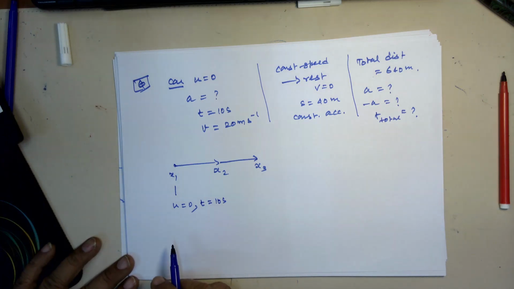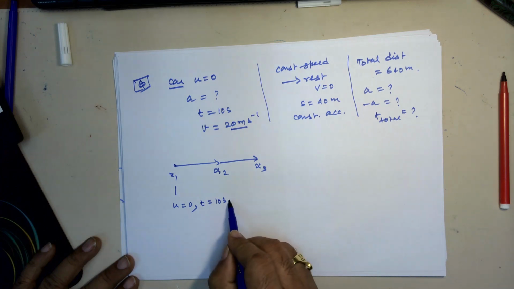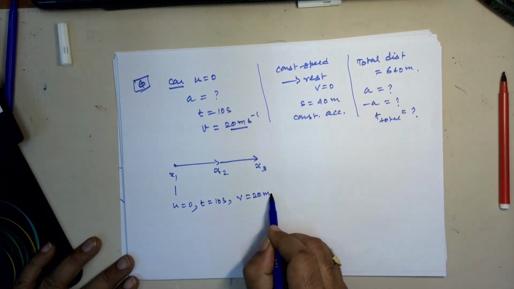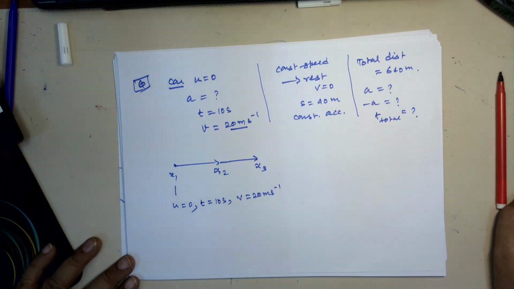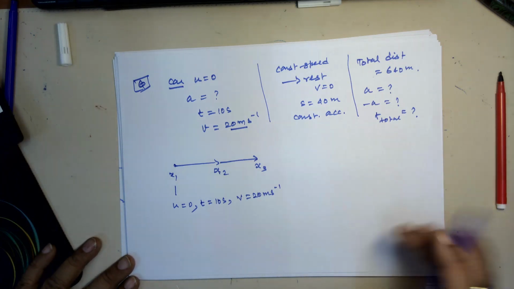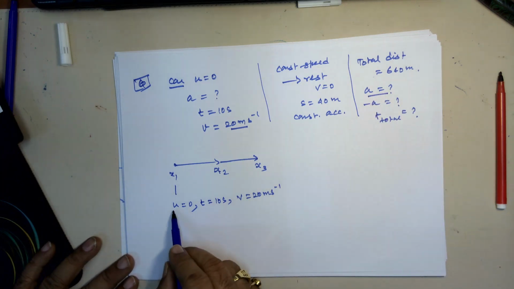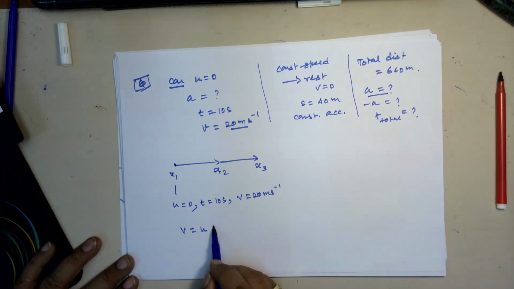At that time, what was the velocity at x2? The velocity was, that is v is equal to final velocity 20 meter per second. So do you understand? Now, what is left here? Can you identify? The acceleration is asked. You got u, t, v. So you can apply v is equal to u plus at formula, right?